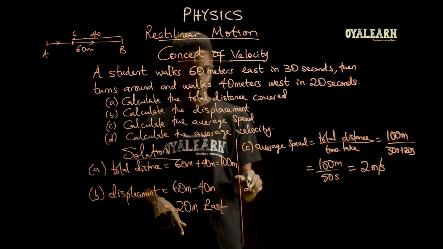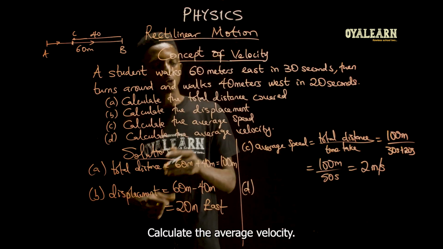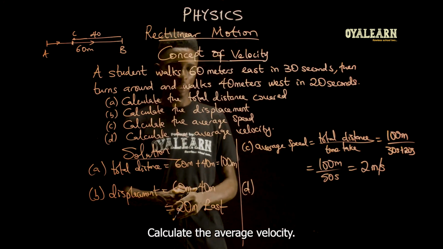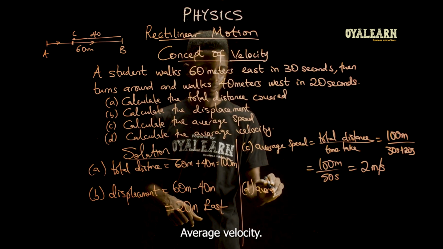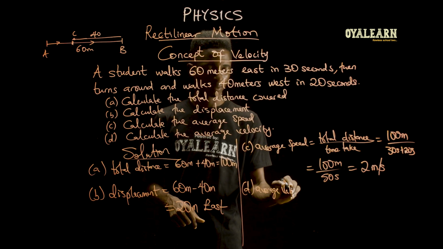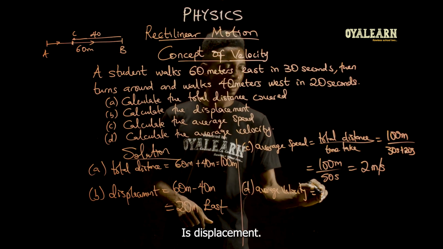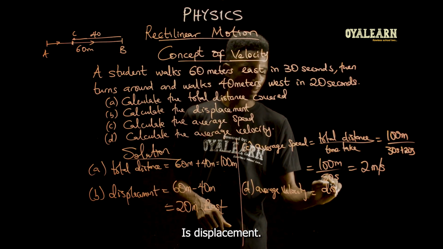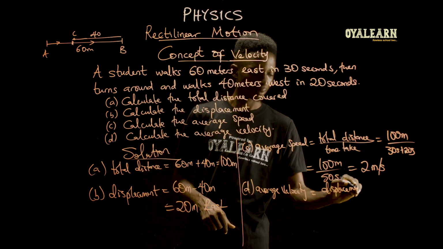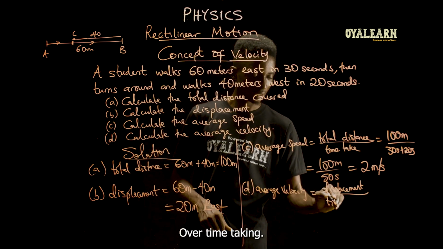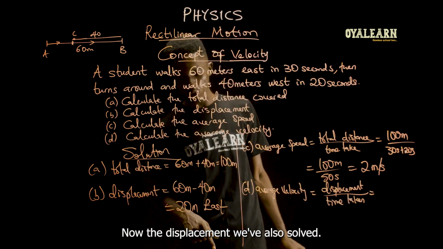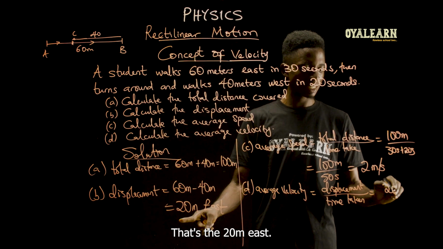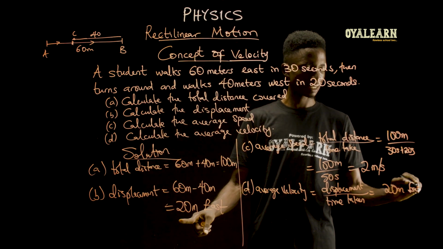Now finally, D says calculate the average velocity. Now velocity, average velocity is displacement over time taken. Now the displacement we've also solved, that will be 20 meters east.